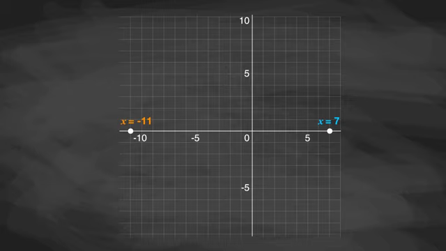We can plot the x-intercepts on the coordinate plane. Next, we can find the vertex because we know that it will occur at the x value halfway between negative 11 and 7. The distance between negative 11 and 7 is 18 units. So, the vertex would occur 9 units between them at x equals negative 2.